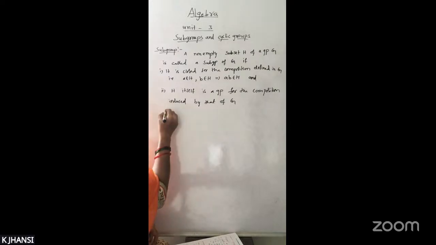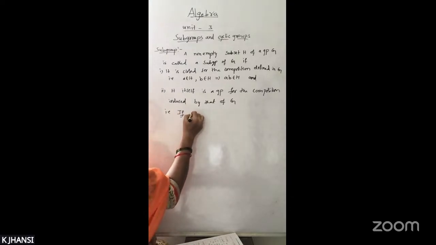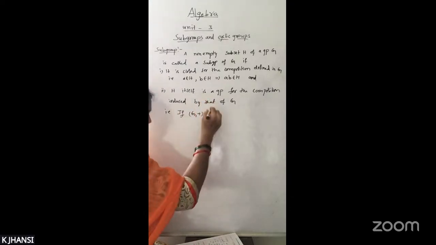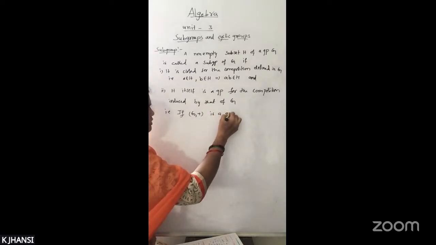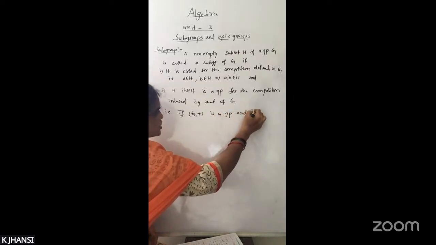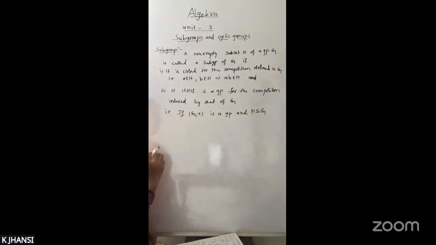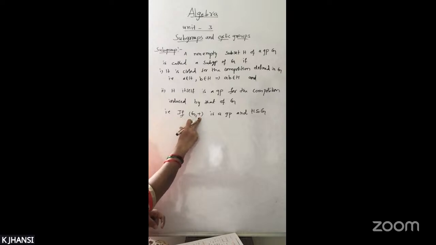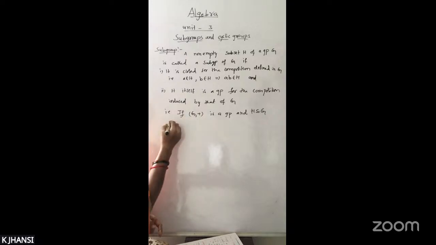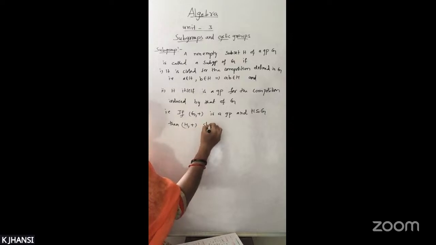The second point you can elaborate as: if G comma plus is a group and H is a subset or equal to G. G comma plus is the set G with the operation addition. If it is a group and H is a subset or equal to G, then H comma plus, that is the set H with operation plus, should also be a group.